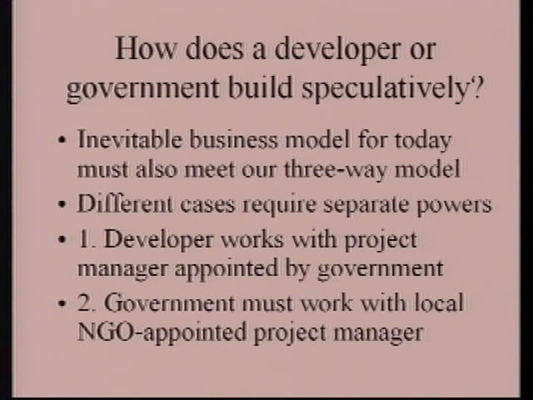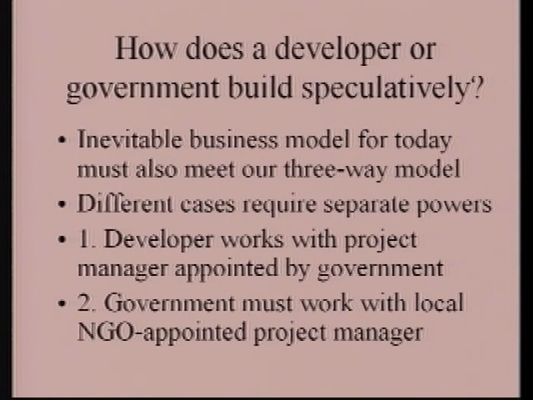The inevitable business model for today can meet our three-way separation. And there are two different cases I wish to discuss because they require separate powers. First, the developer will work with a project manager appointed by the government. And that keeps separation of the powers. The project manager will be there to ensure that the project has a human aspect, even though you don't have the actual clients there yet.